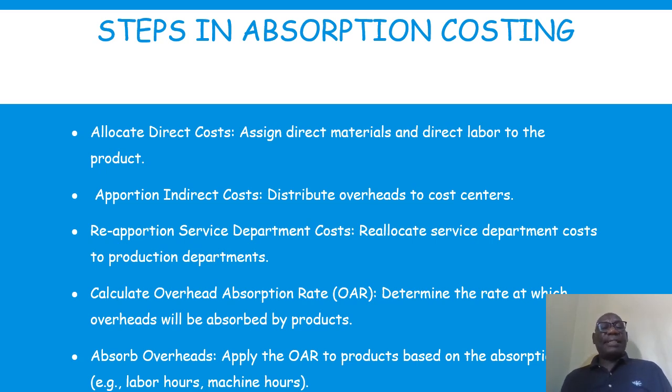Then after that, we are told under step 5 to absorb overheads. What does it mean when we are told to absorb overheads? What is required of us is simply that we apply the overhead absorption rate to the product based on the absorption basis. For example, we can use labor hours, we can use machine hours.